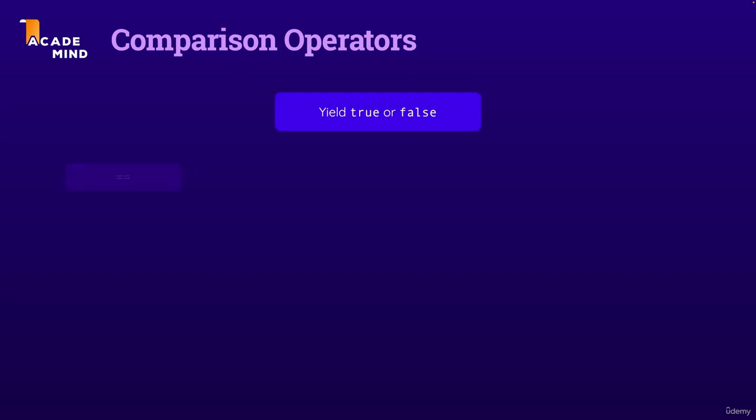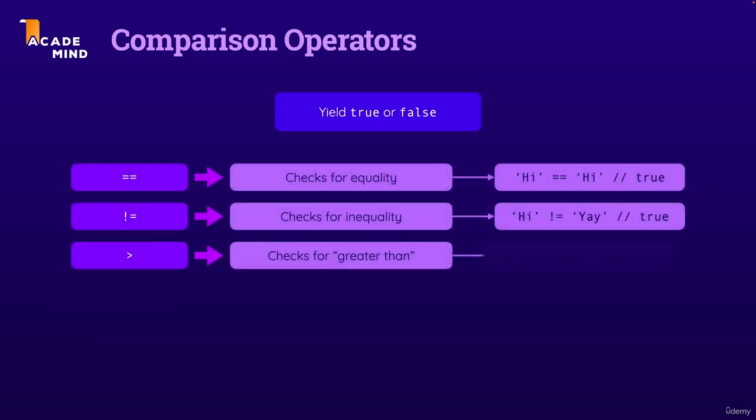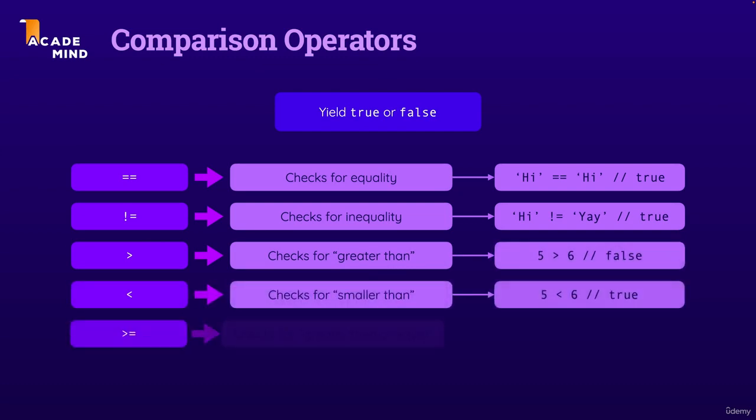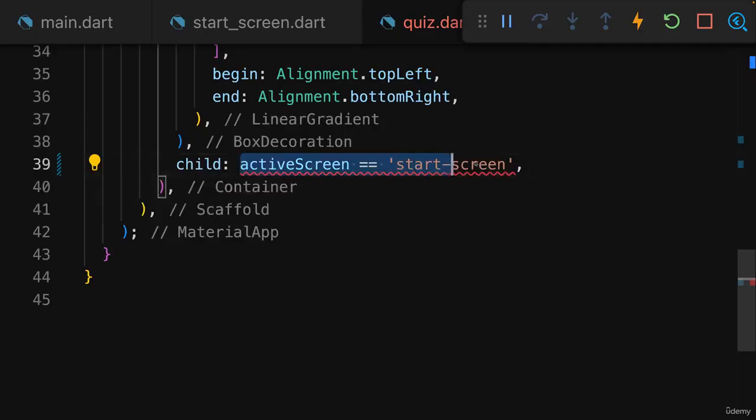And this bool type exists almost entirely just for the single reason that often in your code you need to compare values and you must find out whether a certain condition is met, true, or not met, false. So here this code will yield true if active screen currently holds start screen written like this as a string value, and false otherwise.